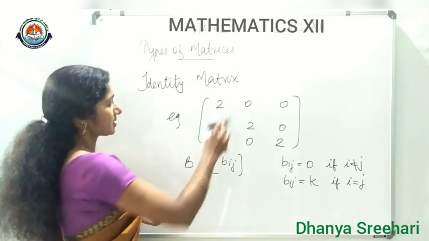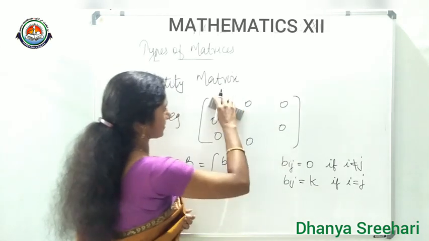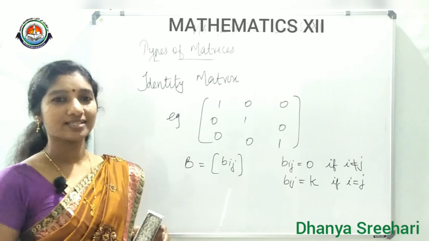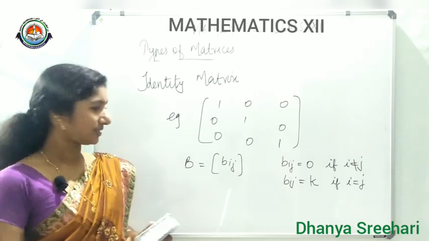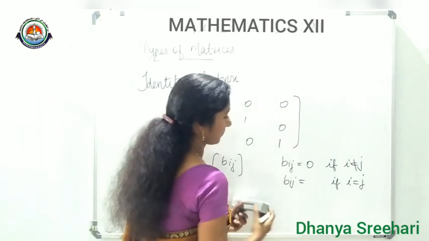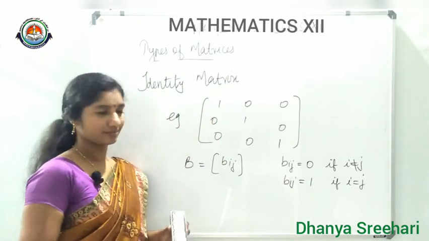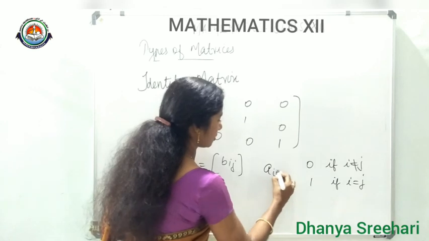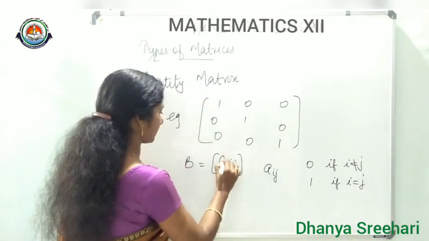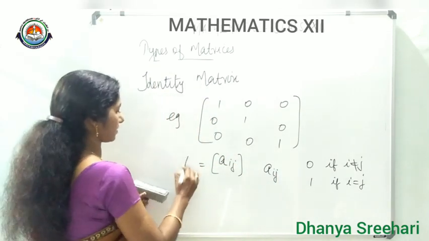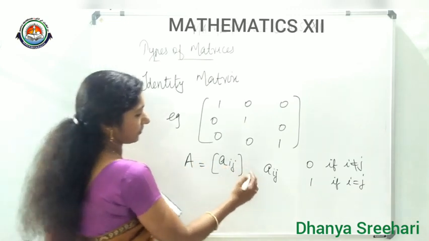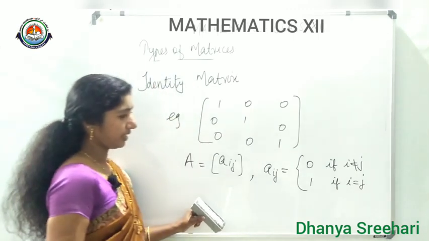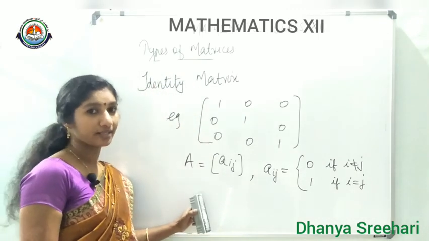Identity matrix. In a scalar matrix, if the diagonal elements are 1, we will call it an identity matrix. Or we can write Aij, or B also can be used: Aij is equal to 0 when i not equal to j, Aij is equal to 1 when i equal to j.